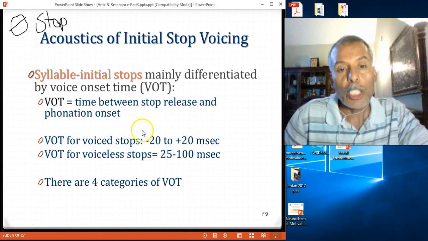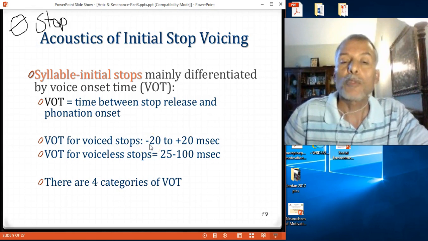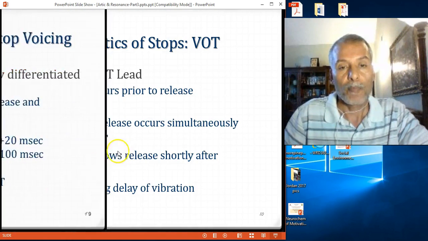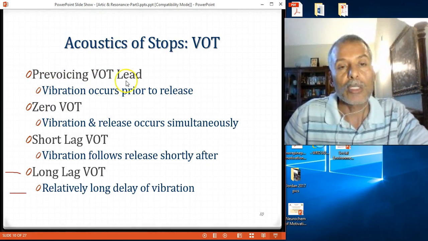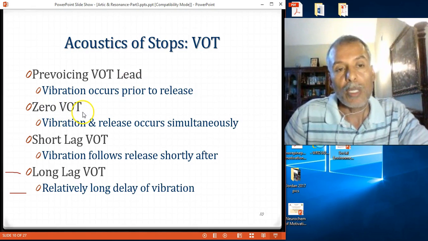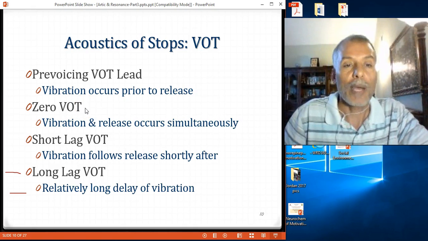So these are the only sounds where voicing is possible before the release. Okay? It is not possible for the voiceless. So the first two conditions here, pre-voicing voice onset time lead and zero voice onset time, both of them apply only to voiced stops.